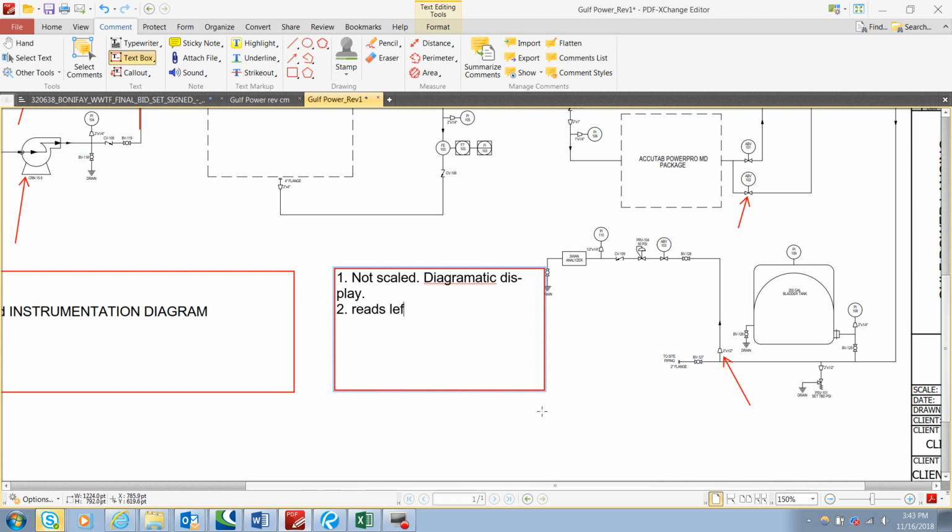Reads left to right, top to bottom. Has standardized symbols.